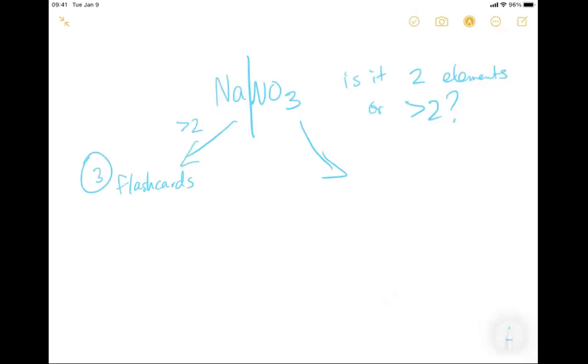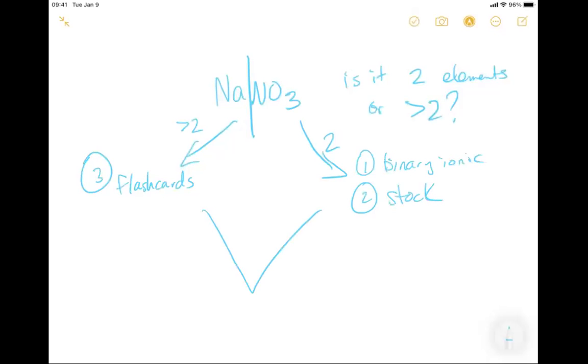If it is 2, then you have the same question. It's either group 1, which is binary ionic, or group 2, which is stock. That depends on the second question, which you have to ask yourself in both circumstances, whether it's more than 2 or 2.